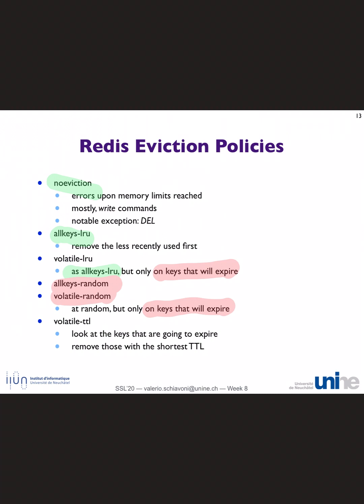And then the next one is called volatile TTL, and what it does is as follows. First, it looks at the keys that are going to expire, and then it removes those with the shortest TTL. So those with the shortest TTL are the keys that are going to expire next.